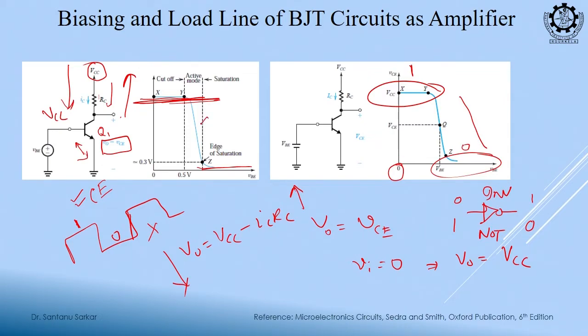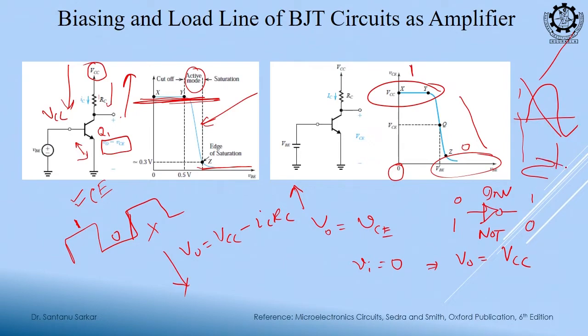Where can I use it as an amplifier, which region? Active region, you see. You know y is equal to mx, this or this, right? This is my linear region. Why? Because in this region, if my input is changing, my output will also follow.